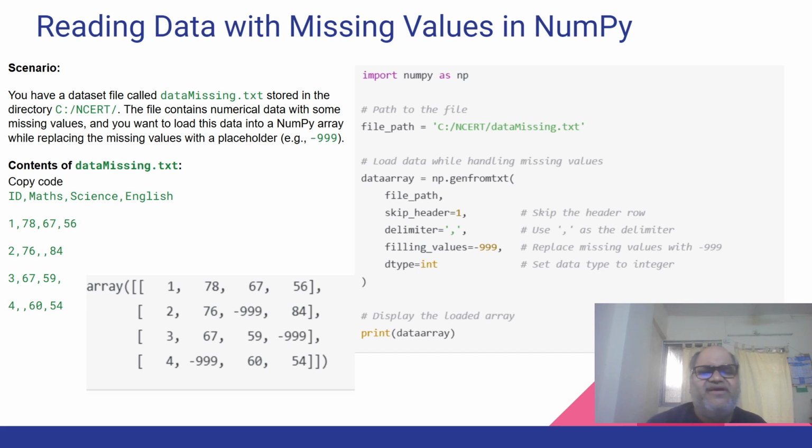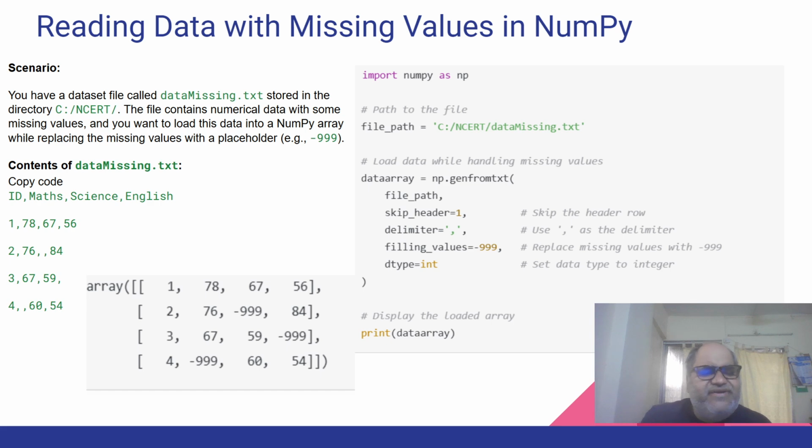From here on, you will see that many a time when we are loading data, your data is missing, and in that case genfromtxt rather than loadtxt could be useful. With genfromtxt you can provide the file path, skip header, delimiter, and then you can also provide filling values, which value you want, and the data type.